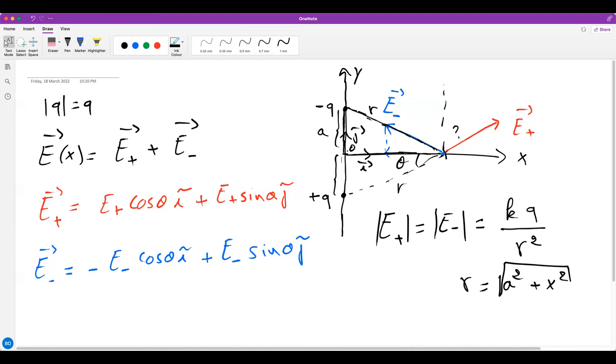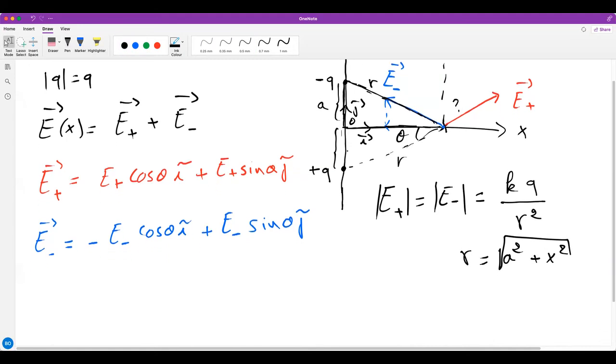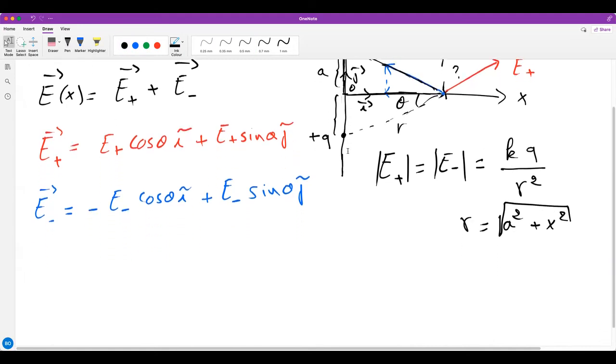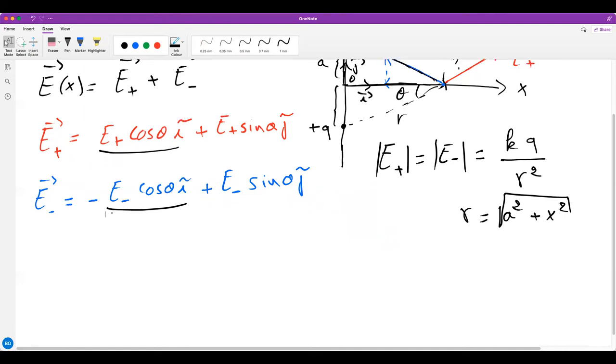Now because of that, we can easily see that this component will cancel with this component. Both electric fields will cancel along the x-axis because they have the same magnitude, except one of them is projected into the negative x-axis, and the other one is projected into the positive x-axis, which means they will cancel.